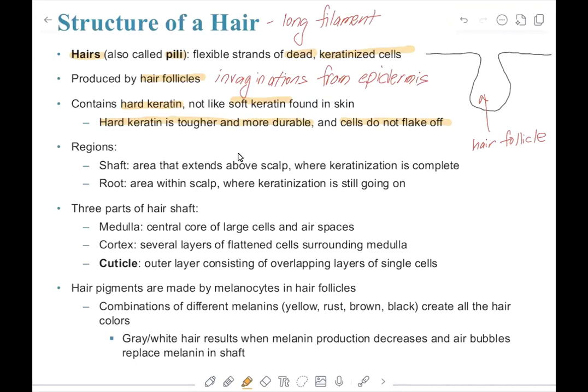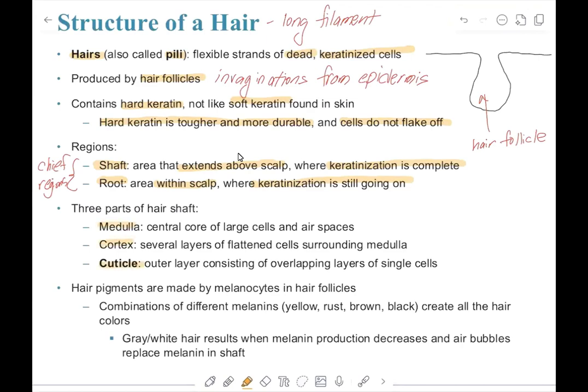So the regions of the hair, there are two predominant regions called the shaft and the root. So these are the chief regions. The shaft itself is what extends above the scalp, where the keratinization is complete. The root is within the scalp, and that's where keratinization is still going on. The three parts of the shaft are the medulla, the cortex, and the cuticle.